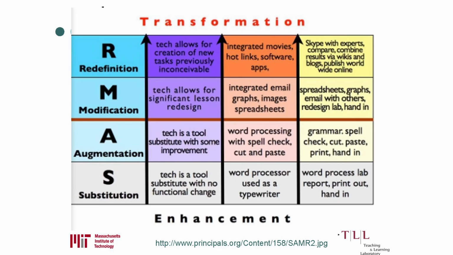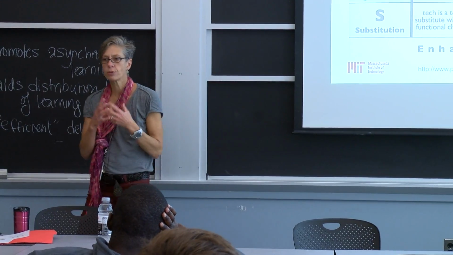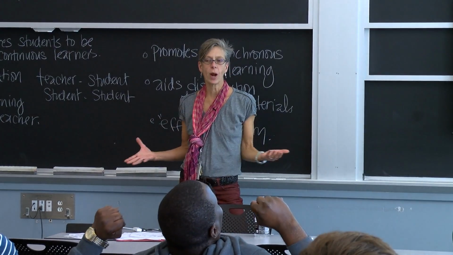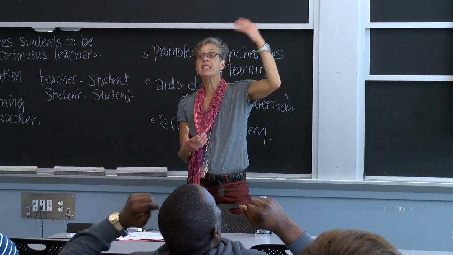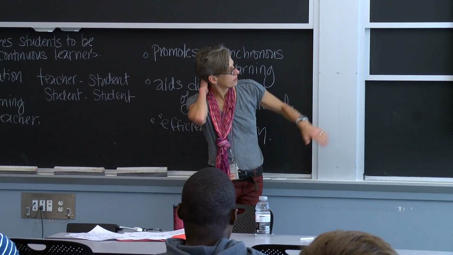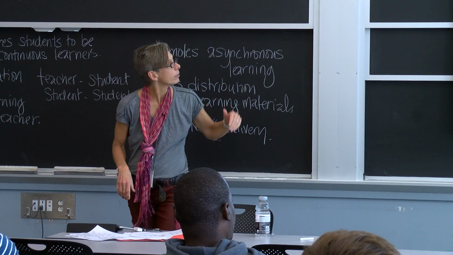And then modification, well, there was email, or you could put graphs and images right into the document. It changed the way we viewed a document. And then the idea of having hypertext or some sort of a web page that students navigated in a non-linear or a non-prescribed way. That would be the redefinition, let's say. So that's a sort of baby examples of that.